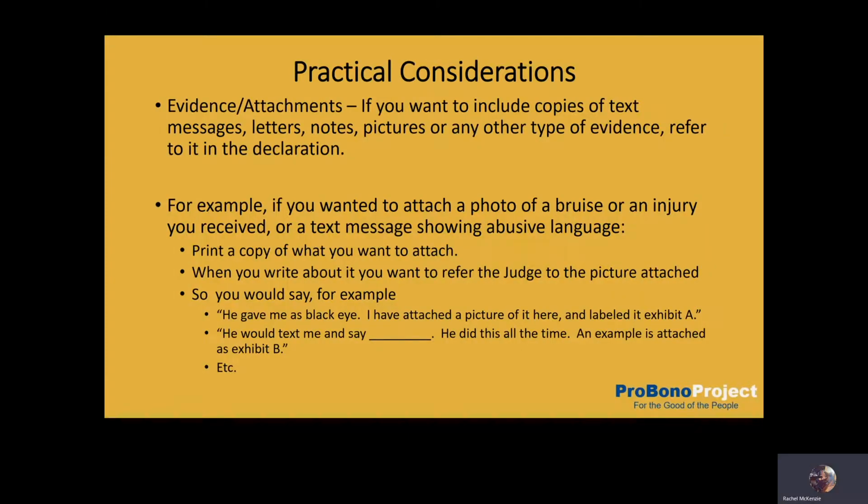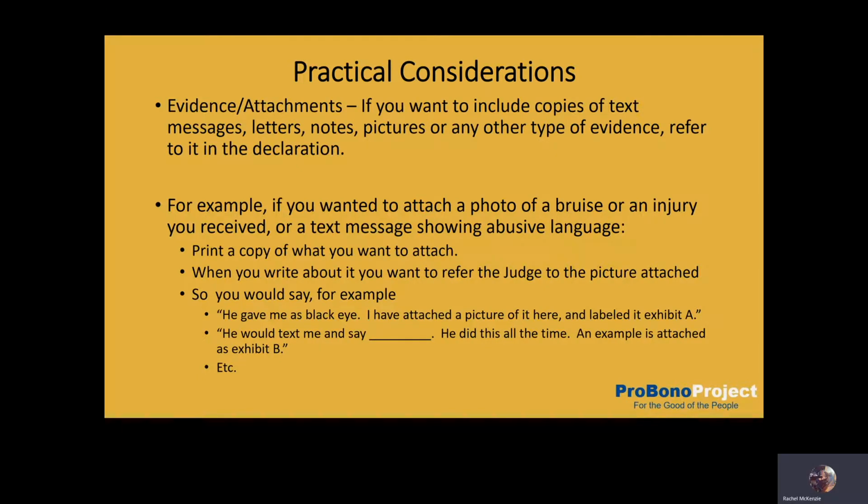Some practical considerations. If you want to attach evidence or attachments, for example, if you want to show the judge copies of text messages, letters, notes, photographs, or anything else, you're going to write about it in your declaration. Here's an example.